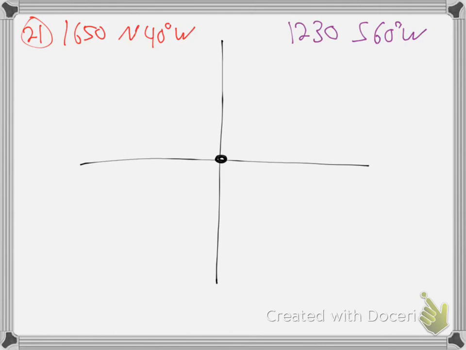So one's going north, 40 west. So here's north, south, east, and west. So north, 40 west. That was a little longer, so kind of maybe like that. So this is 40 off there, and then the purple one.